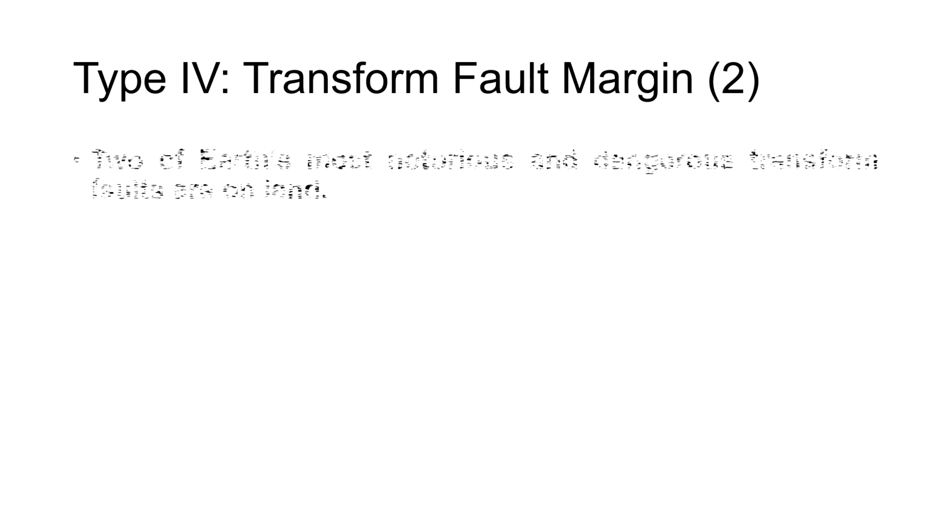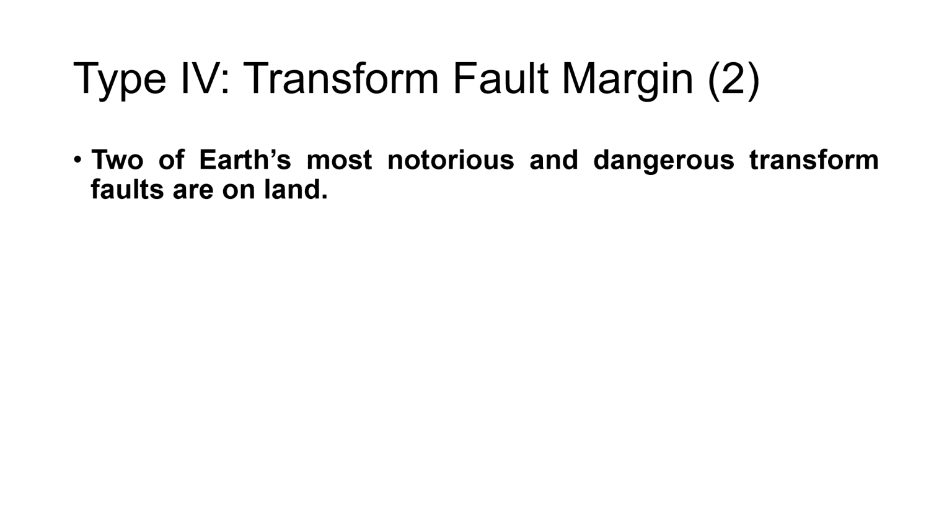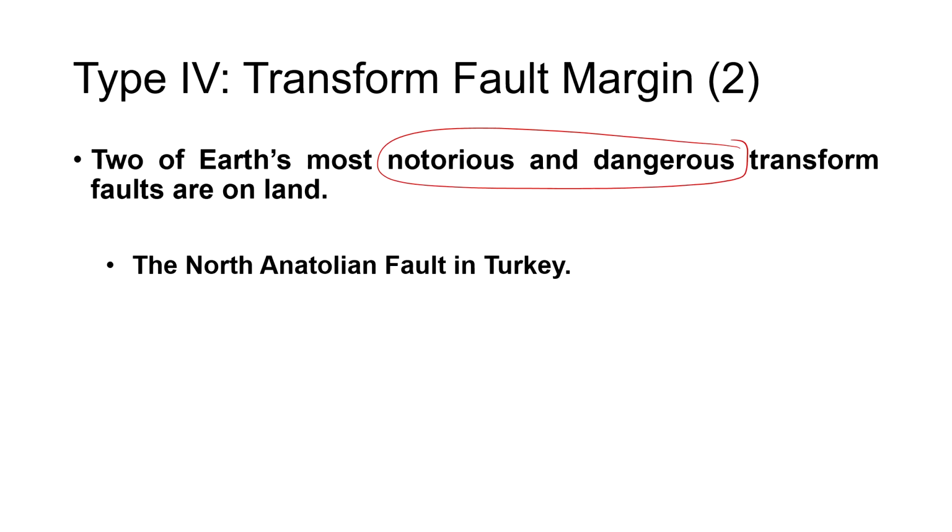Okay. Two most notorious, notorious in the sense of dangerous, because they are capable of triggering large magnitude and damaging earthquakes. So on land, as I told, one is the San Andreas fault system, and another one is the Northern Anatolian fault in Turkey.